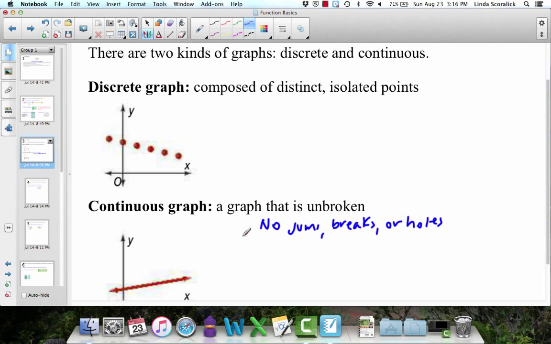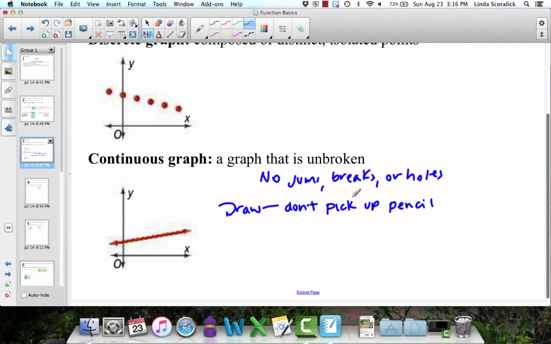Really, the big idea here is that when you draw it, you don't have to pick up your pencil, because it never stops. So this would be an example of a continuous graph. It's actually a linear graph, but you can see that there's no jumps, breaks, or holes in that graph.